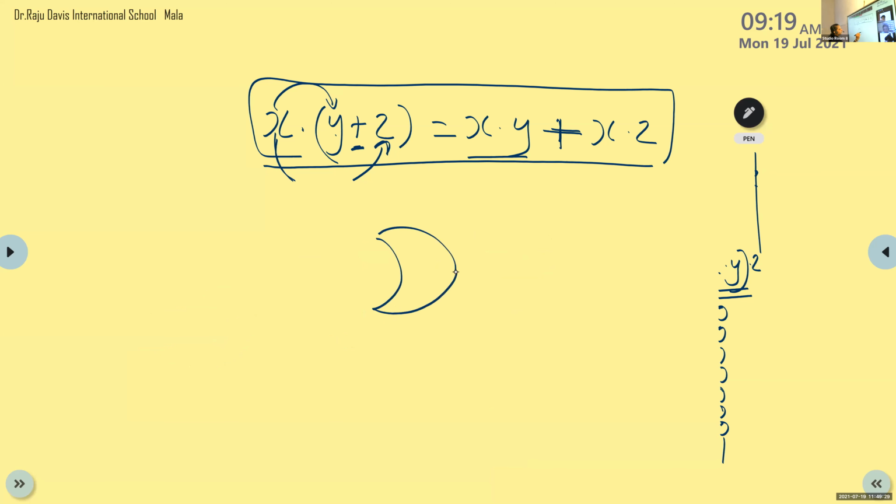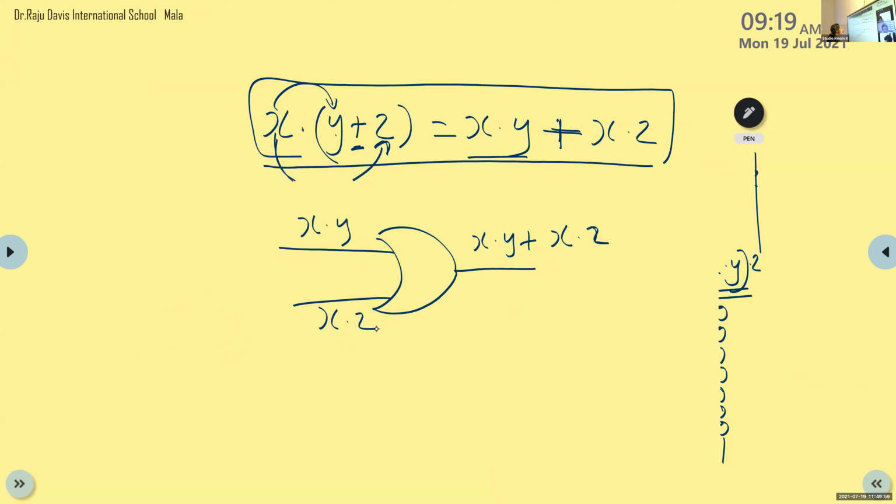Then Tom, here what will we write? The final output is x dot y plus x dot z. Then which are the inputs for this OR gate? X dot y and x dot z.